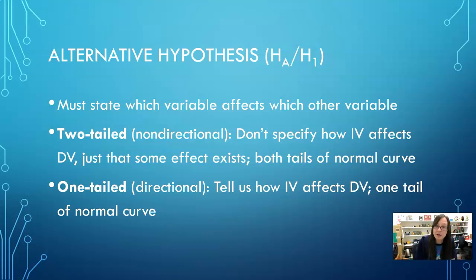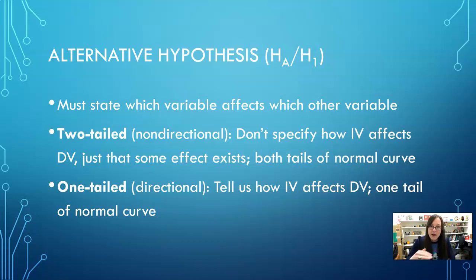A two-tailed alternative hypothesis would be gang membership affects parole recidivism. So there's an effect. We don't know how it's going to relate, but we think there's going to be an effect. And a one-tailed directional alternative hypothesis might be that gang members have higher rates of recidivism than non-gang parolees. We're saying that being part of a gang is going to increase their likelihood of breaching their parole.